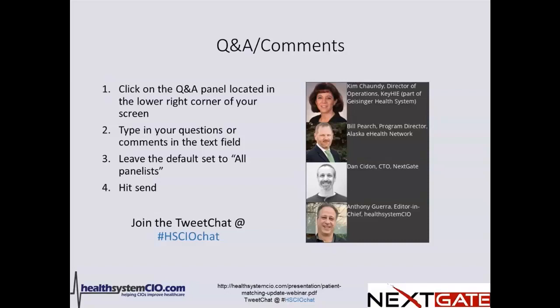Okay, so from a matching perspective, when we're matching up our patients, we do read into the HL7 message not just their demographics, but their physician relationships, so that we can tie a relationship to a physician to a patient, because that also does sometimes help with your matching algorithm when it comes in from other organizations.